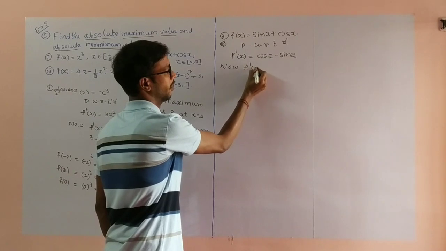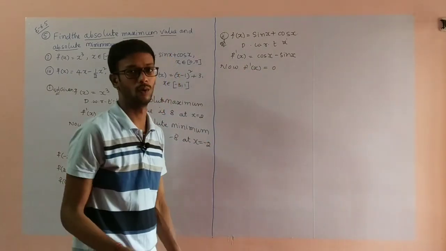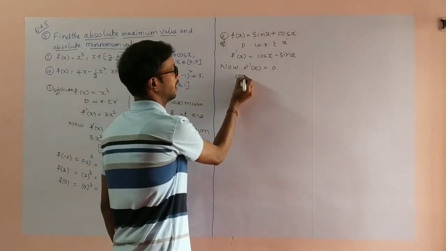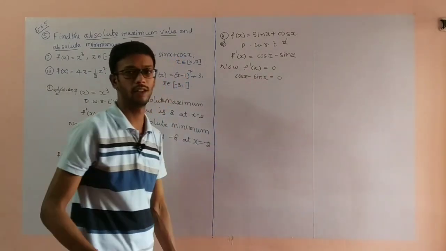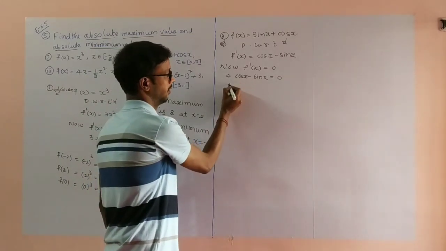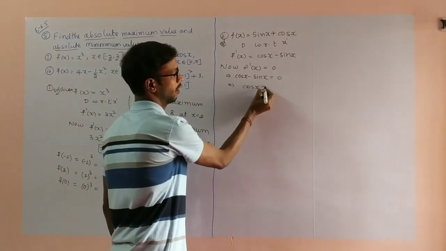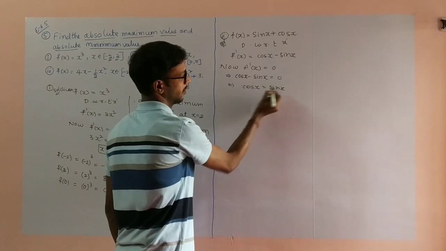Now for the critical point, f dash of x is equal to 0. Cos x minus sin x is equal to 0, which implies cos x is equal to sin x.